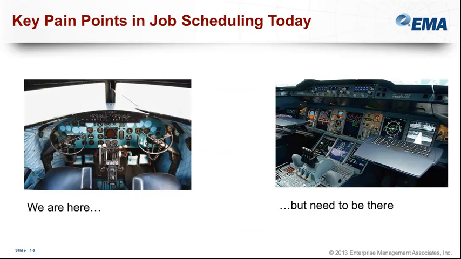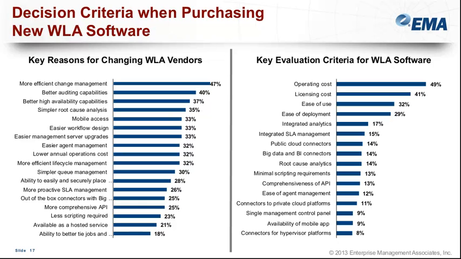So now, what companies want and what they ask for, and I'll make this slide very, very quickly, very short. Companies ask for a new way of managing workload automation, of making it less complex. And the reasons for changing workload automation vendors, you can see on this slide.